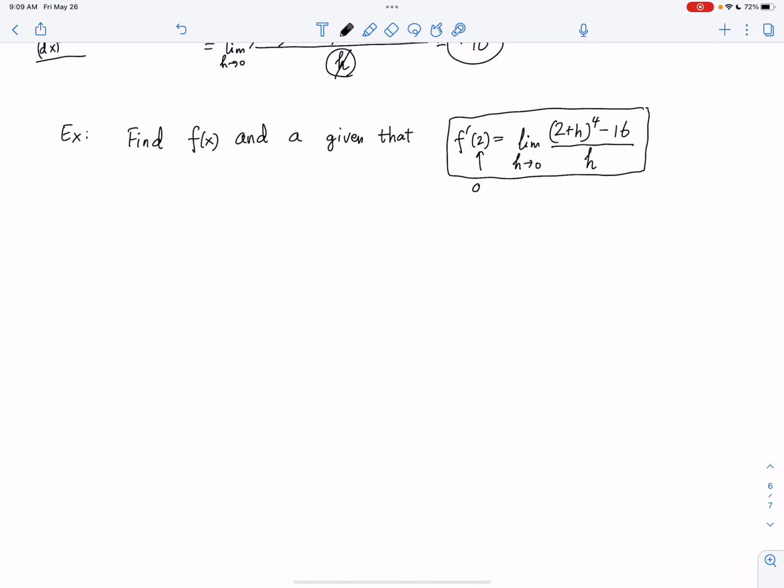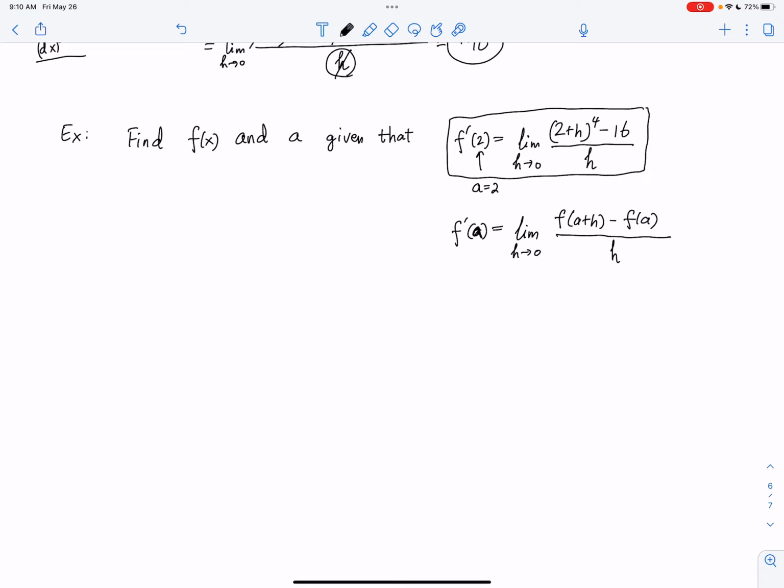So a should be equal to 2, right? Let's do the comparison. f prime a is equal to limit h goes to 0, f of a plus h minus f a over h, right? This is the definition for derivative.